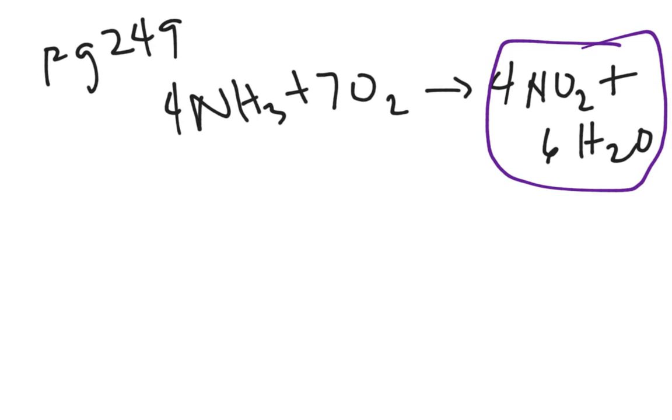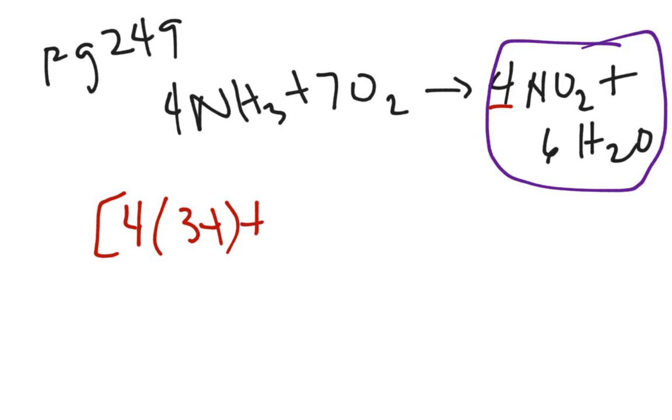I'm going for the sum of the moles times the delta H naught of my product. Sorry, I'm looking at my notes here: for NO2 that should be 34 kilojoules.